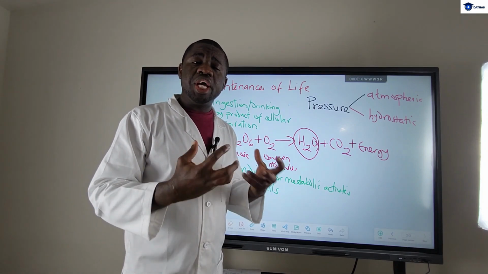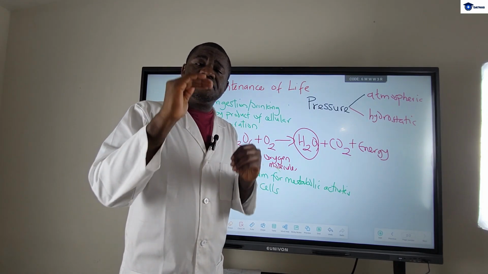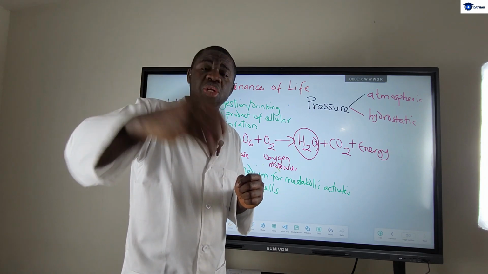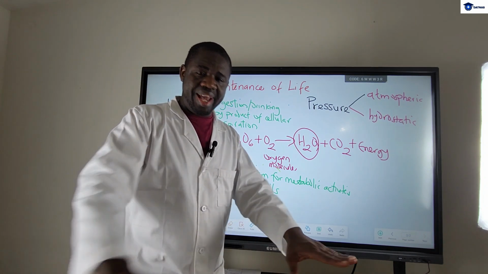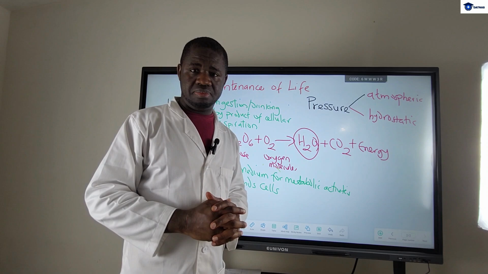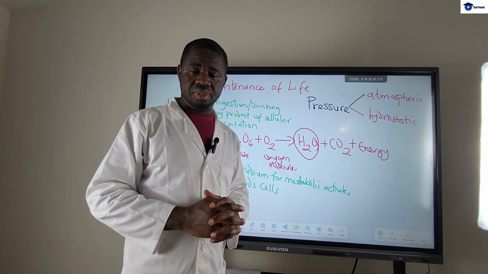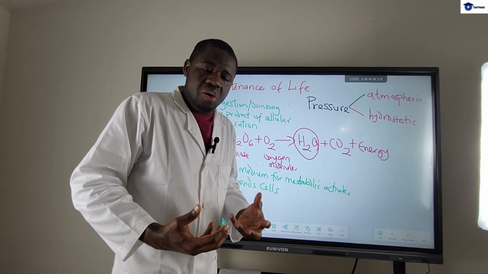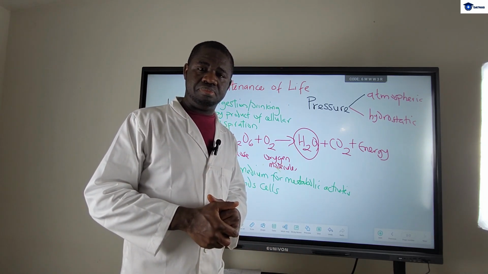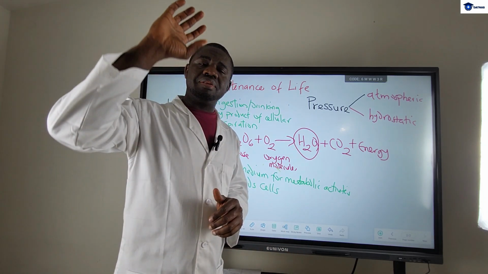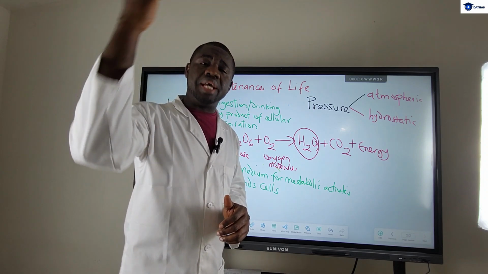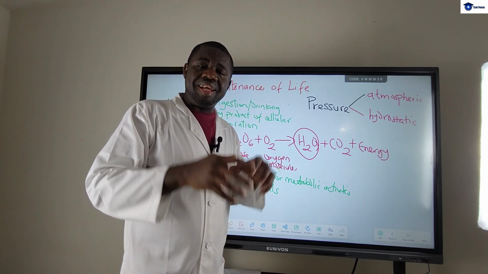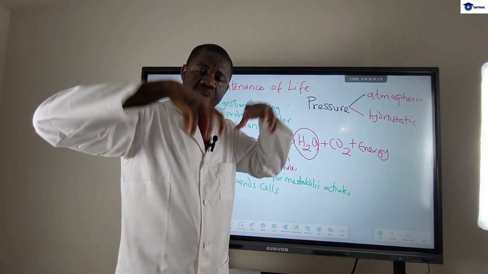The atmospheric pressure is the force that is exerted on an object on a land surface. For instance, we are on the land and there is an abundance of air in the atmosphere that is exerting force on us.